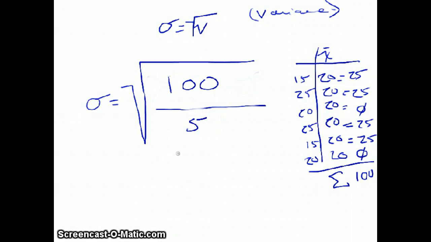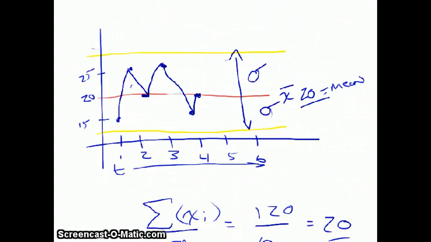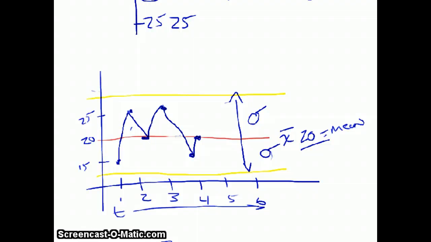So this is the square root of 20, which equals 4.47. We're going to shorten it to 4.5. Okay, so we're going to call sigma 4.5 for our process. Simple enough.